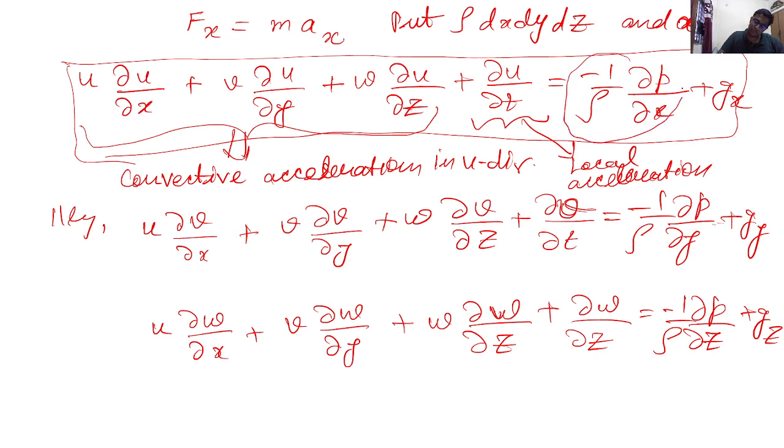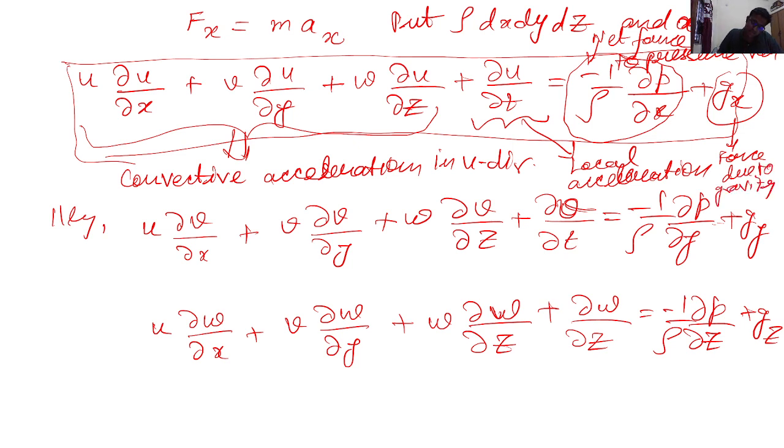The first expression on the right hand side would be equal to the net force due to pressure variation in x direction, and the second one is force due to gravity, which is a body force in our case, in x direction.